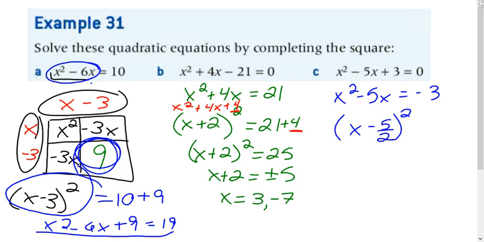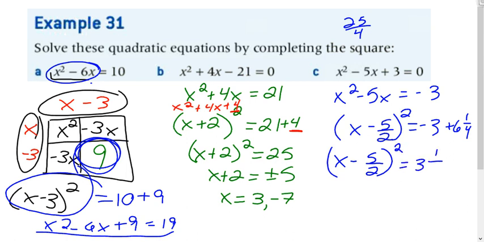Because negative 5 halves plus negative 5 halves is negative 10 halves, which is negative 5. That ended up adding in, though, negative 5 halves squared, which is 25 fourths, which is 6 1/4. So therefore I have to add 6 1/4 over here. And I keep going.